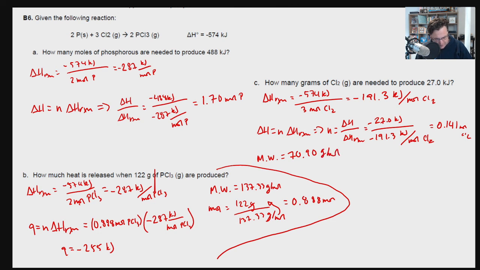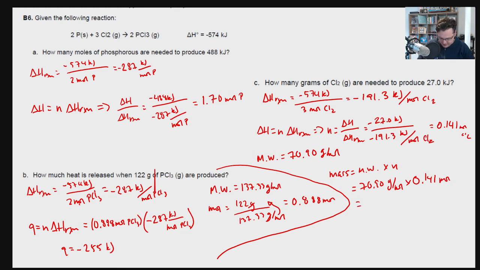grams per mole, right? And so now we're just trying to figure out what the mass is. The mass is going to be equal to the molecular weight times the number of moles. So that's 70.90 grams per mole times 0.141 moles in that case.